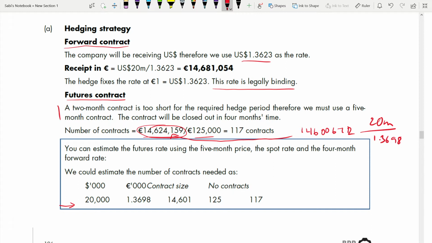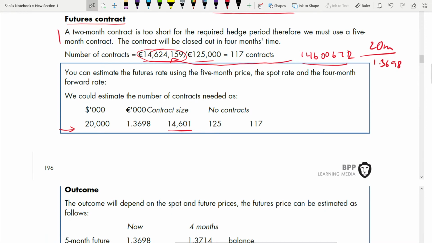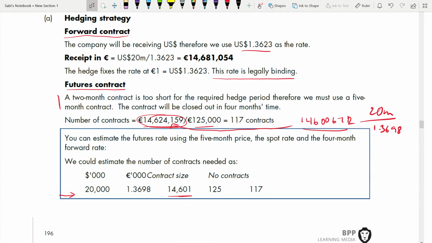This is the amount which we got, 14,601. They have rounded up again, this value 14,600,672. So if you do it, you will be getting 107 contracts only. So it's better that you use the normal way. We divide the 20 million by the future price, and divide it by 125,000 to get the number of contracts, which is 117 contracts. It is 116 point something and we're rounding up to 117.